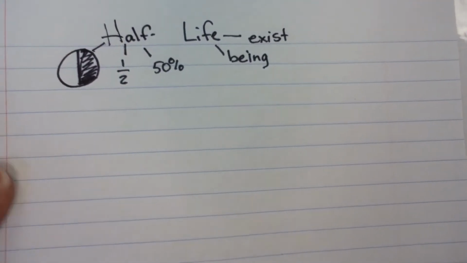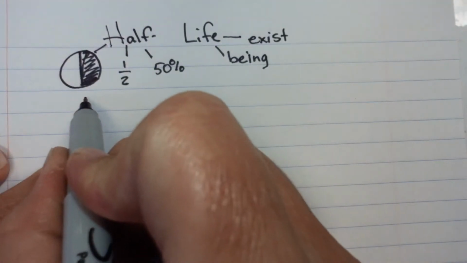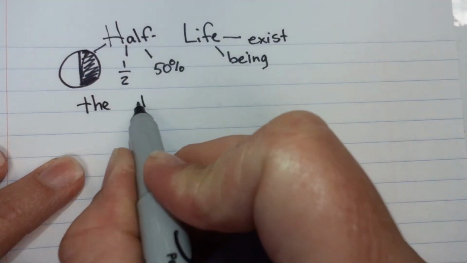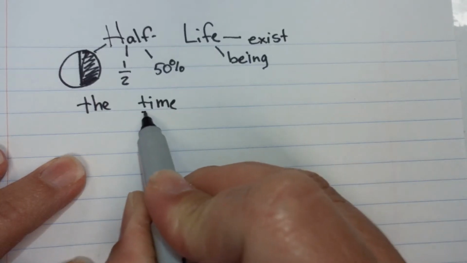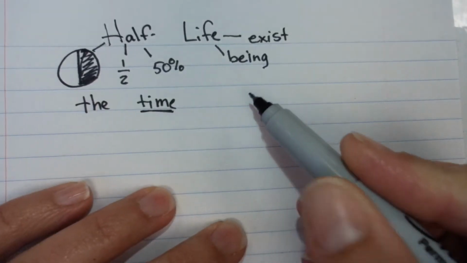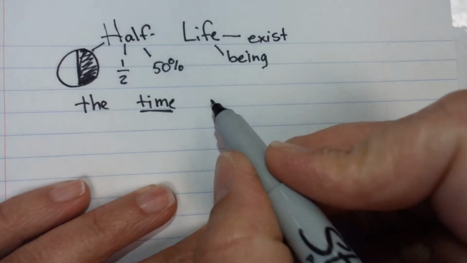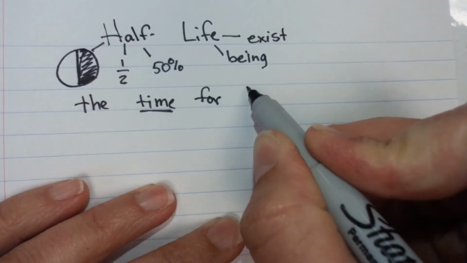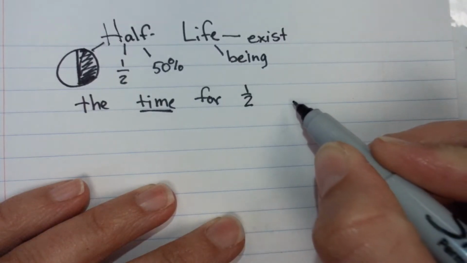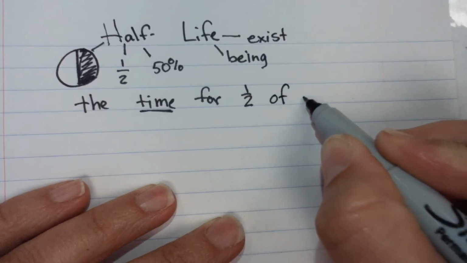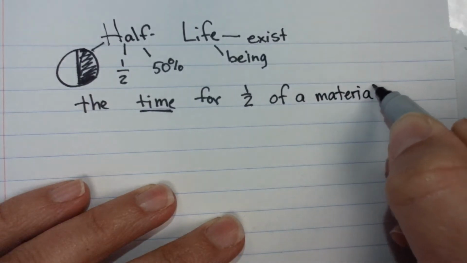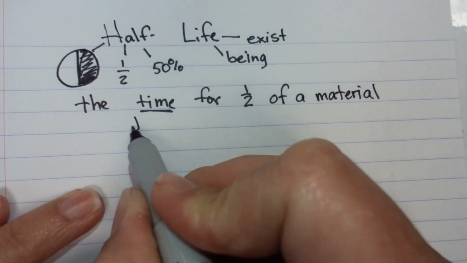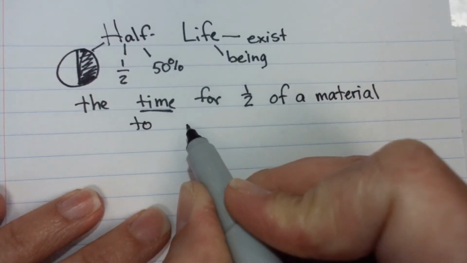Half-life is the time. Time is a part that isn't in the word itself, but the time for 1/2 of a material, we'll just call it a material for right now, to decay.